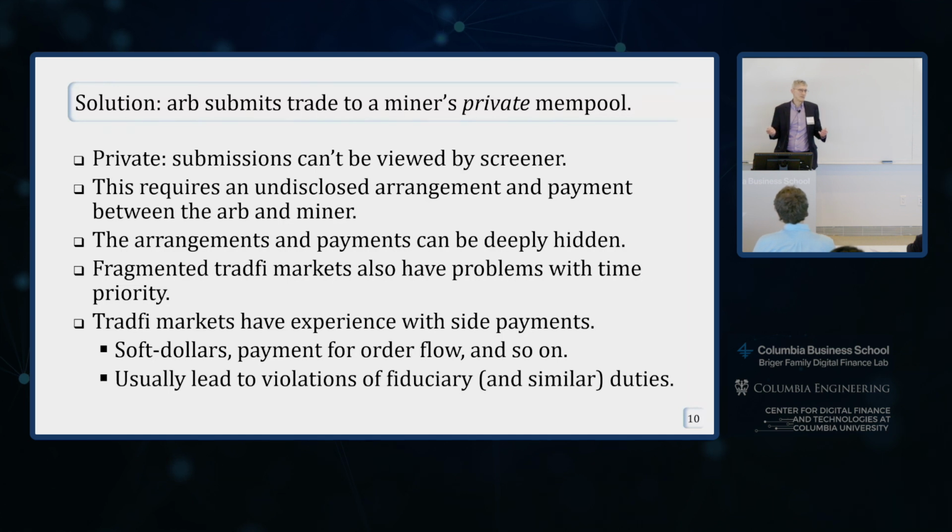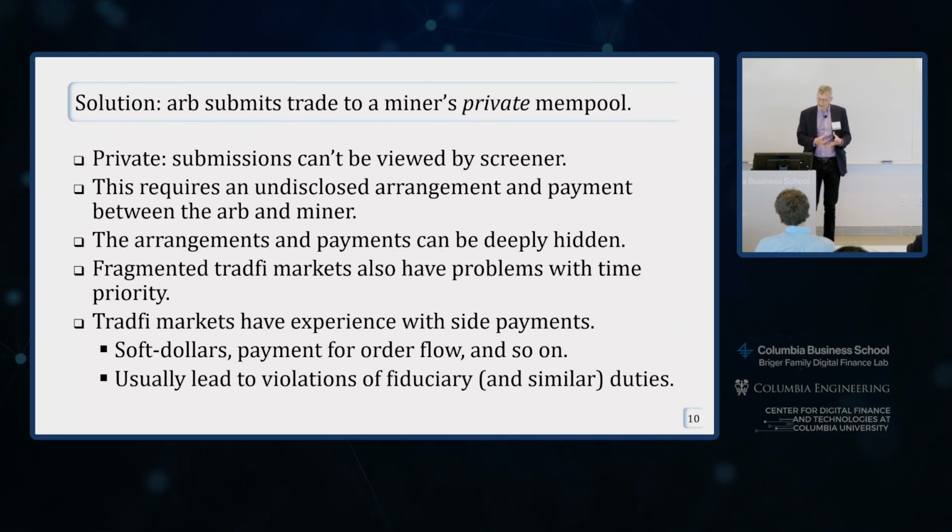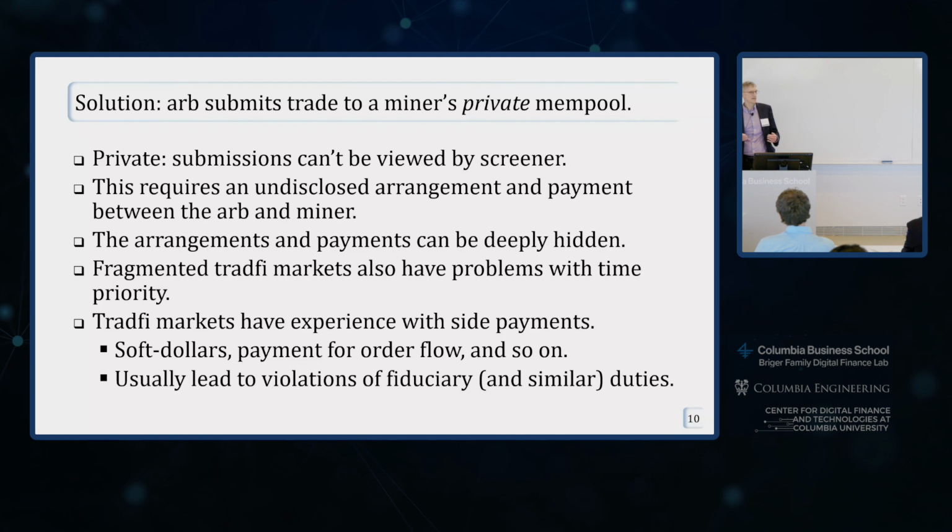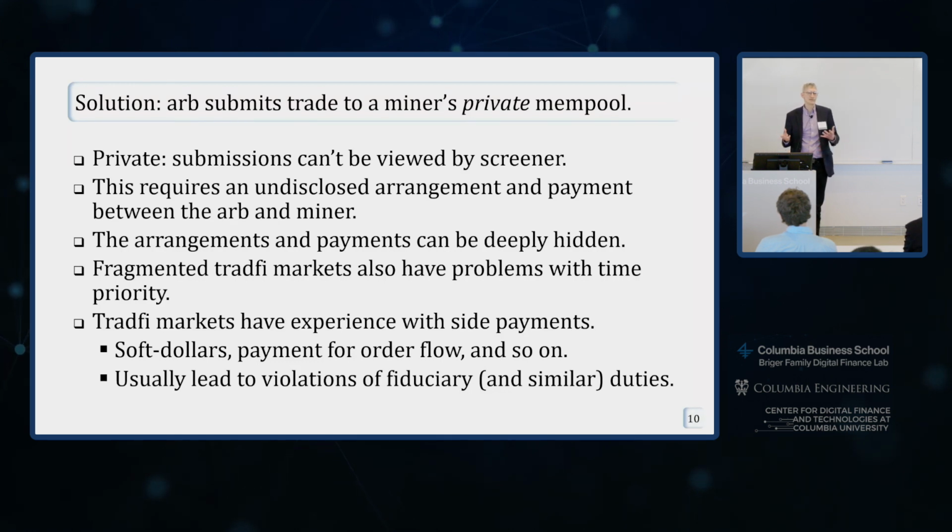Now, the arrangements for this can be off-chain, and they can be very deeply hidden. And the point I'd make, we encounter these things in traditional finance markets as well, and they're solved through side payments. But these side payments and these arrangements are very opaque, and they are a perennial source of problems for market users and regulators.